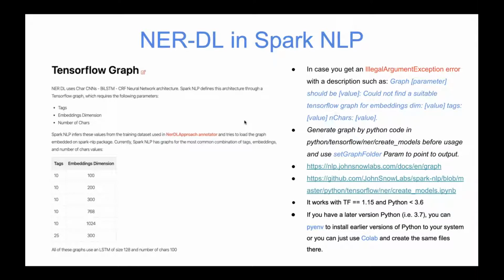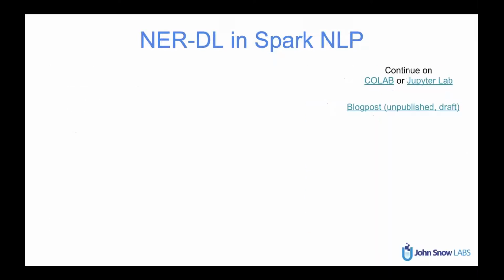So if you have custom datasets, which use different lengths of chars and tokens and tags, like maybe you are just dealing with three labels, or you are dealing with 100 labels, you may need to create your own graph. And I will also show how you can create your own graph, because we already have that one on our GitHub page. So it's very simple. You will just state the number of dimensions and the text.